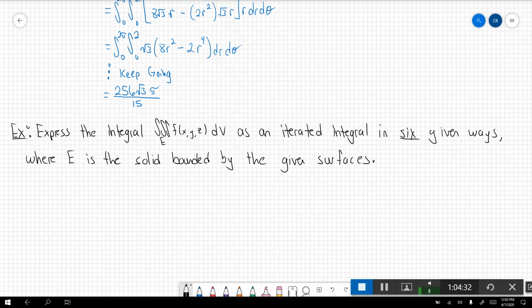So we're going to have the surfaces given by x is equal to 2, y is equal to 2, z is equal to 0, and then we have x plus y minus 2z is equal to 2.